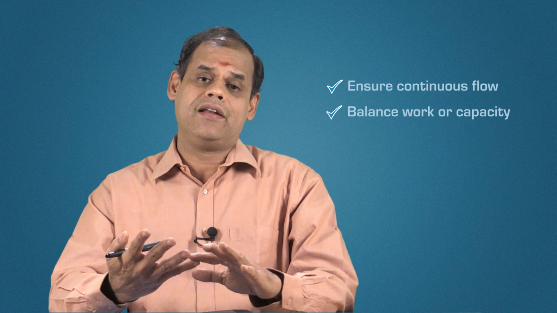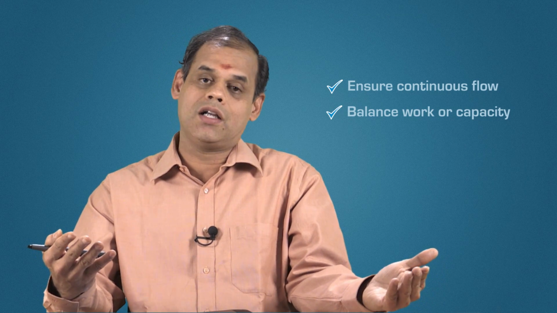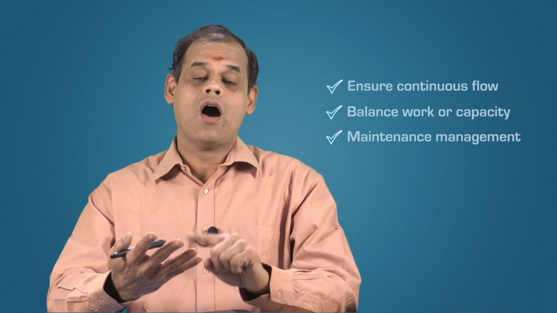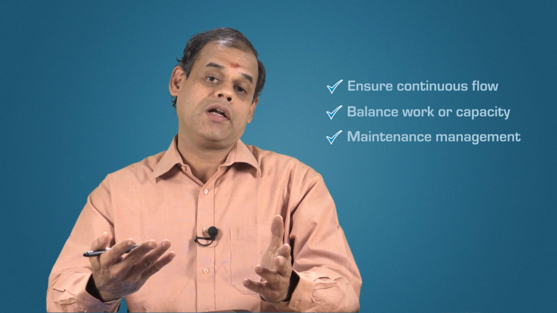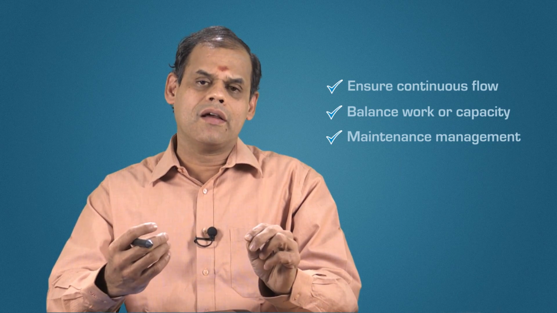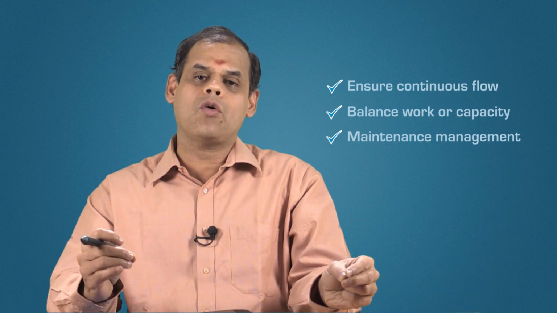So capacity balancing. And if one of the stations breaks, the whole thing will come to a grinding halt because of the continuous flow nature. Therefore, how do you do the planning? How do you do the maintenance of such systems? These are very important. And lastly, the slightest error in quality somewhere will halt the whole system.